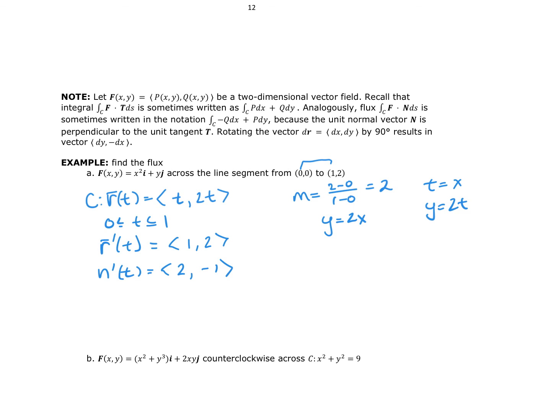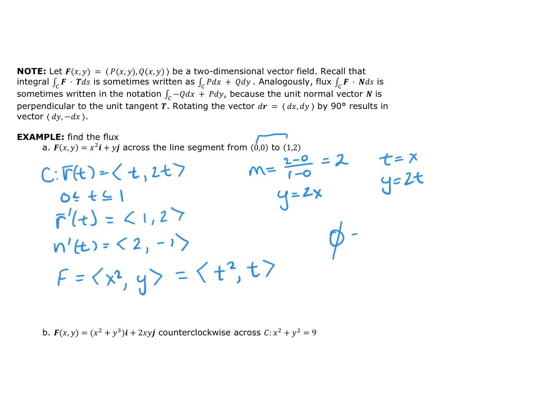Nice. My vector field is x squared, y. And with my replacement of x is equal to t, this becomes t squared, y is t. So now I'm ready to do my integration for my flux. I'm going to call my phi function my flux.